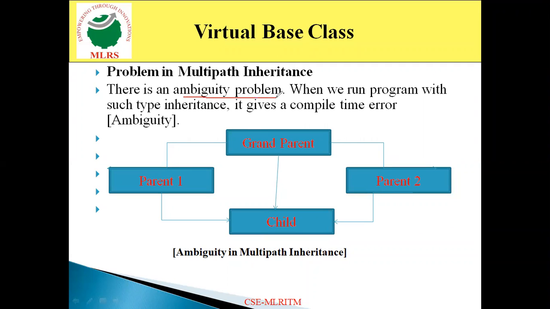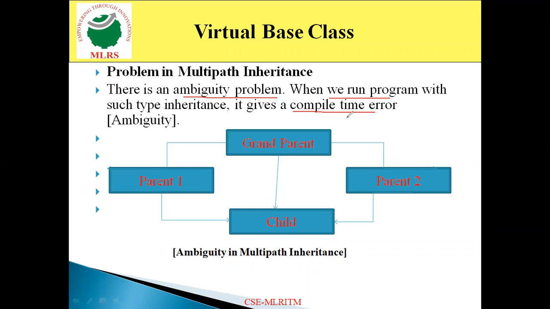We can call that the ambiguity problem. When we run the program, it generates a compile time error because of ambiguity. Now we'll look at how this compile time error is generated by means of ambiguity or multipath inheritance.